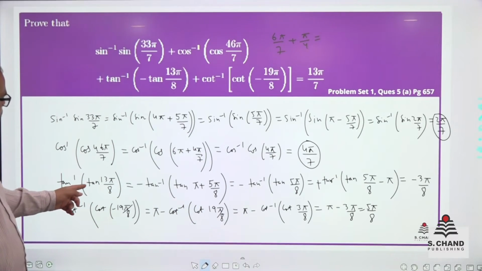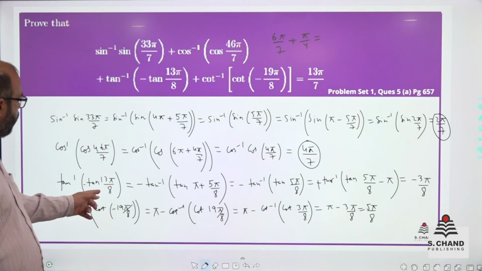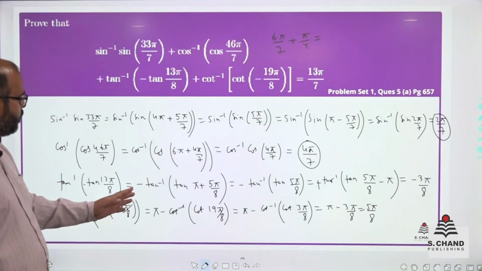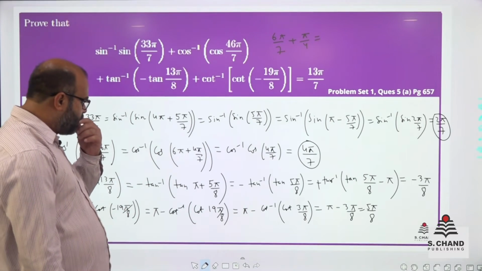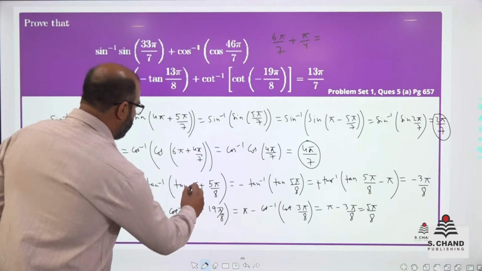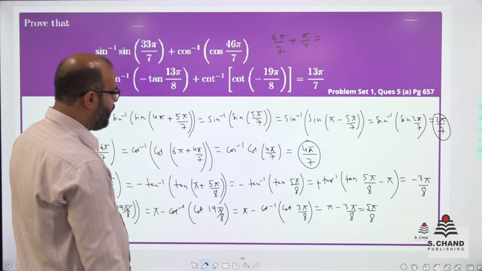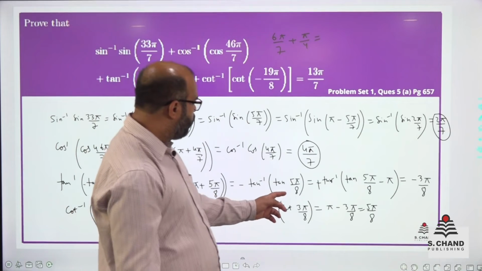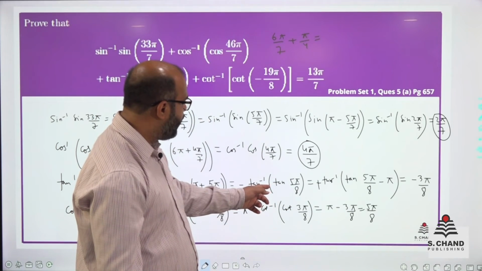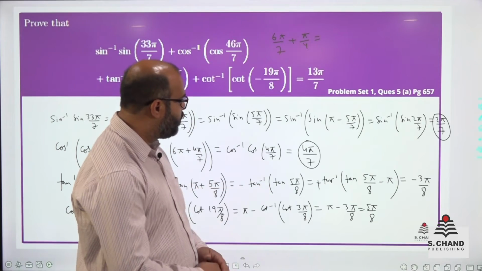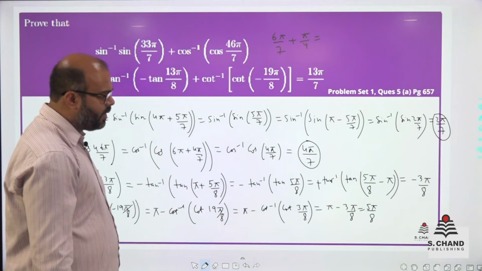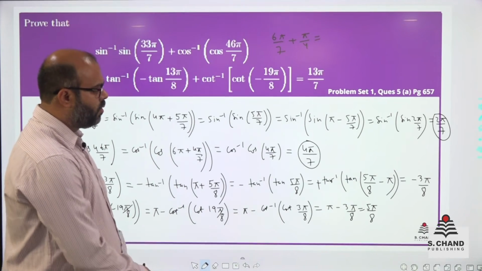Tan inverse minus tan 13 pi by 8, minus you have taken outside. Tan pi plus 5 pi by 8, it is fine. That means it is periodic about pi. So minus tan inverse tan 5 pi by 8. Then you take this minus inside and write it as tan 5 pi by 8 minus pi. That will become minus tan 5 pi by 8.